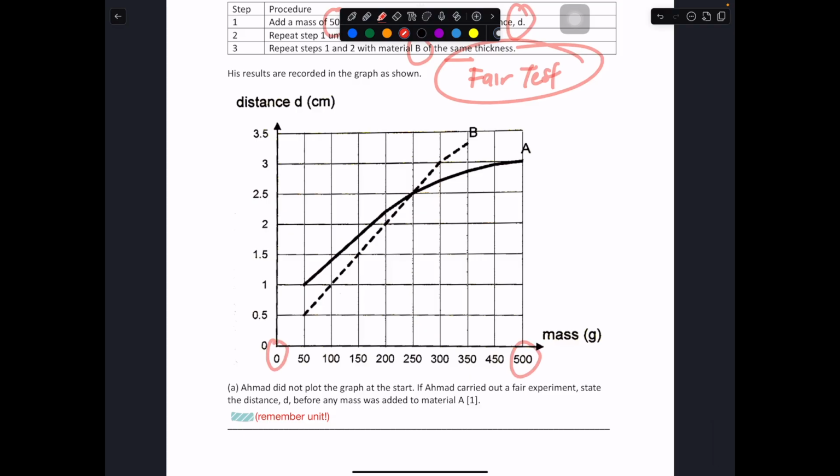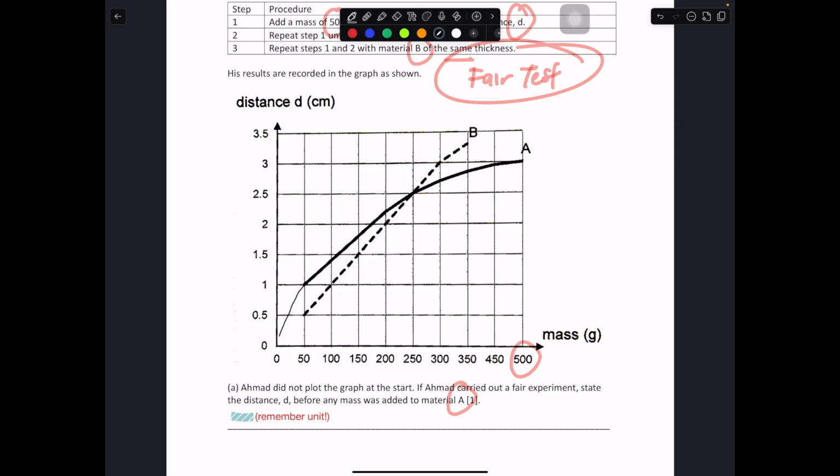Ahmad did not plot the graph at the start. Usually you will start from somewhere here or here, depending on where the distance D is. If Ahmad indeed carried out a fair test, setting the distance D before any masses were added, the actual distance D would have looked like this.